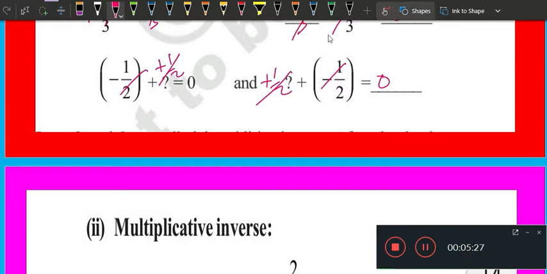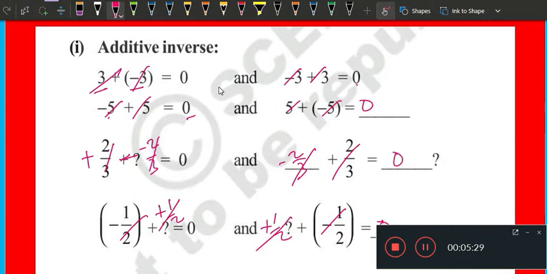So here plus 3 and minus 3 are additive inverses of each other.